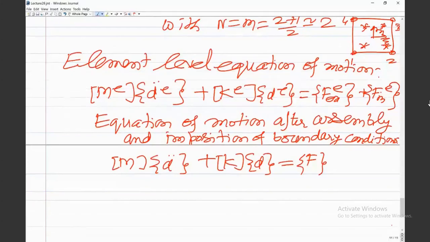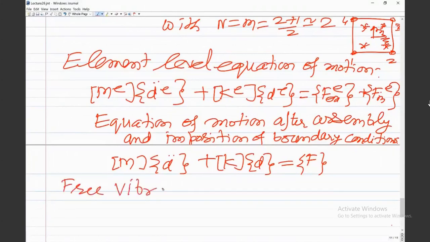So once you get this equation, all the techniques which you use for multi-degree of freedom systems in a dynamics of vibration course, whatever you learn, all of those are applicable here.